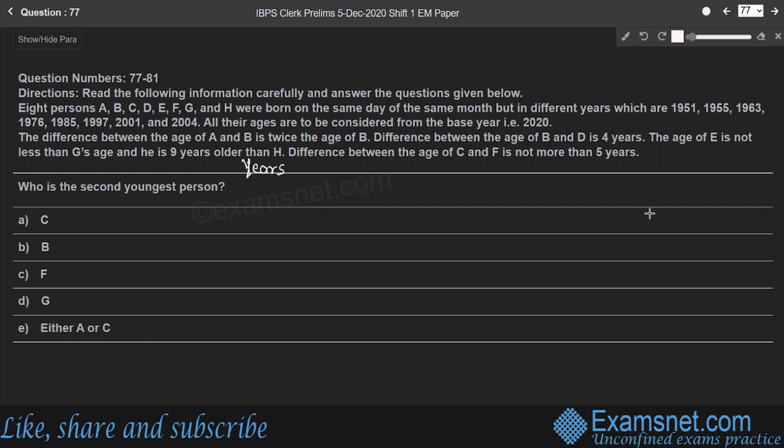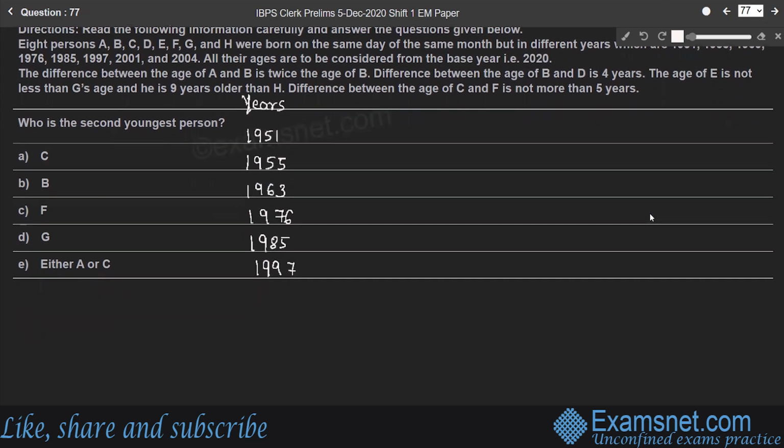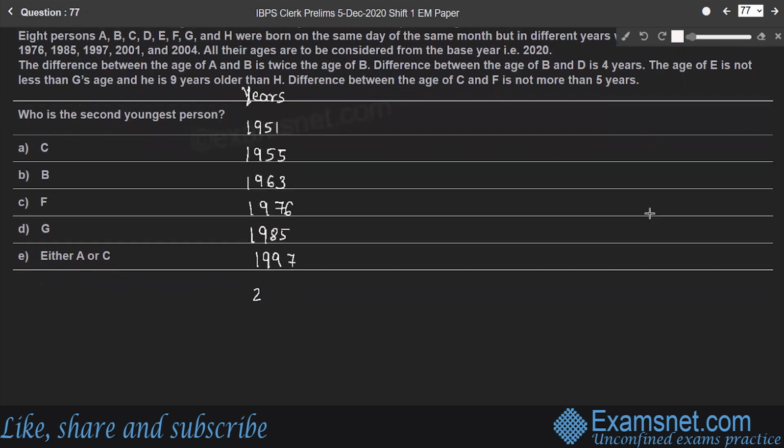So starting from 1951, 1955, 63, 76, 85, 97, 2001 and 2004. Since ages are calculated from the born year to 2020.